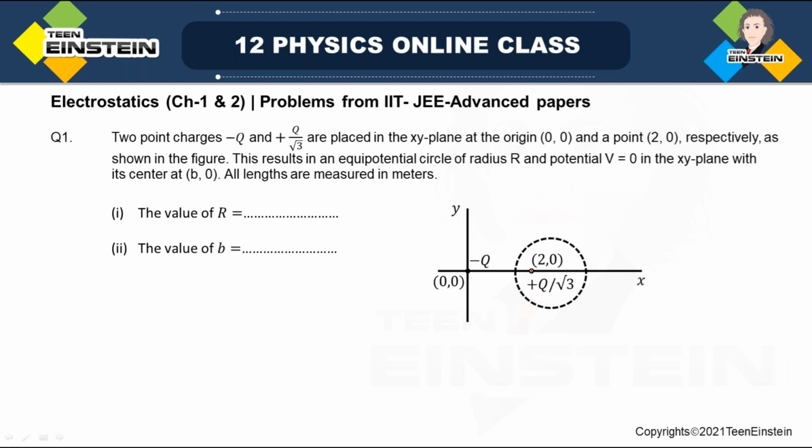So this is the coordinate of the other charge, plus q by root 3 respectively, as shown in the figure. This results in an equipotential circle of radius R.